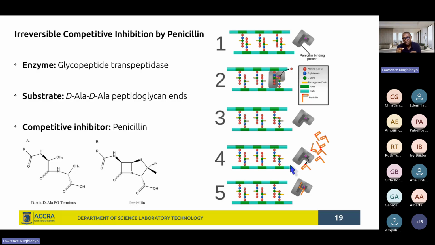In other words, penicillin slows down, inhibits the growth of bacteria. So penicillin is a bacteriostatic antibiotic. Now we are seeing the structure of penicillin being compared to the structure of the glycopeptide, which binds in the active center.